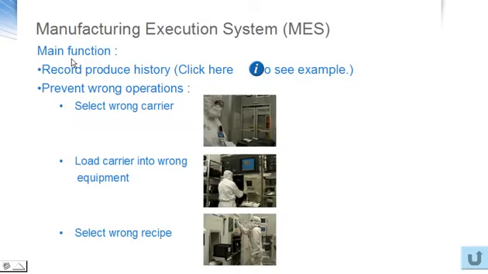The main function of the manufacturing execution system is to record production history. And you can see the production history.